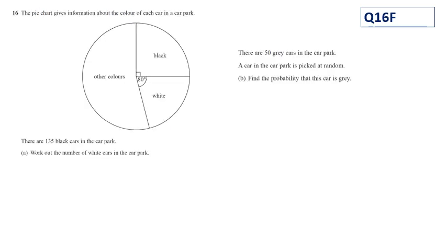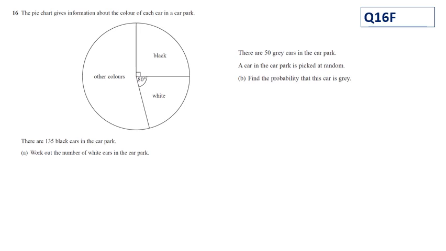Okay, so question 16, the pie chart gives information about the color of each car in a car park. And here I have a pie chart. There are 135 black cars in the car park. Part A, work out the number of white cars in the car park.